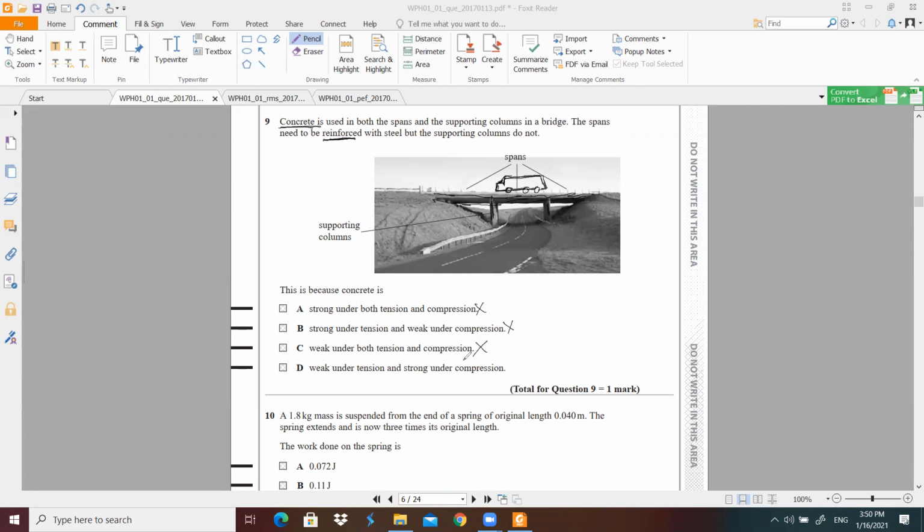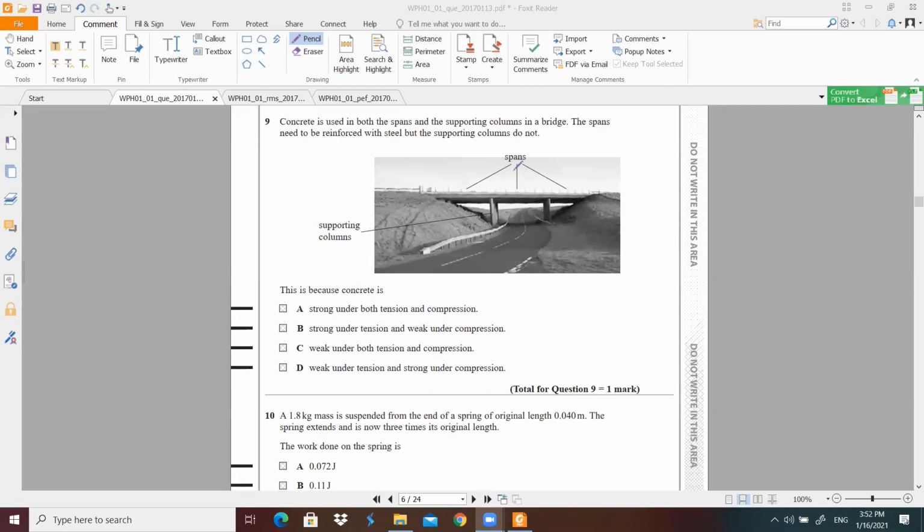It's weak under tension and strong under compression. Yes. Why is this the case? Because the spans have to be reinforced and the spans undergo tension. So the answer for 9 would be D. It's weak under tension and strong under compression.